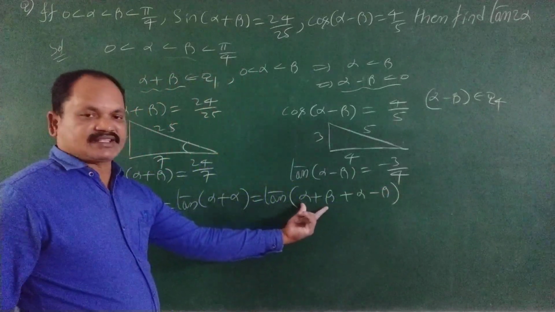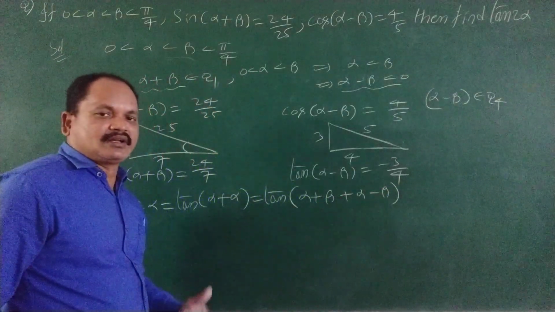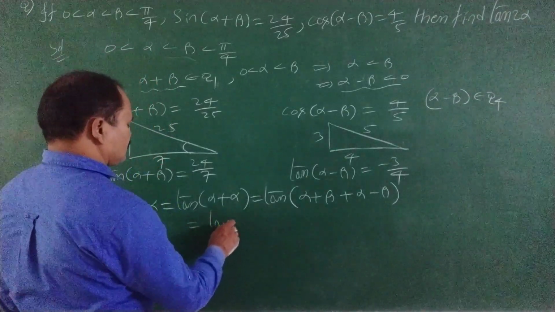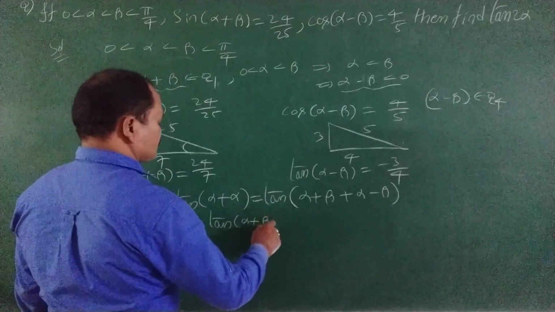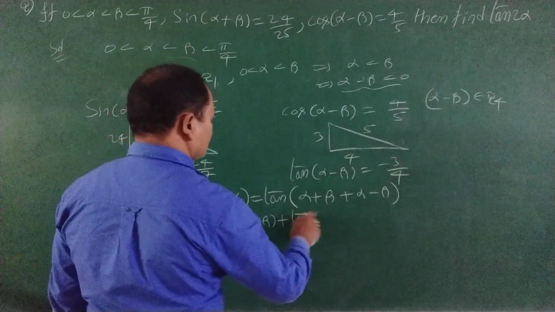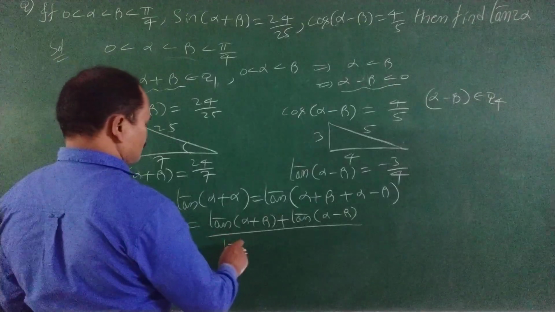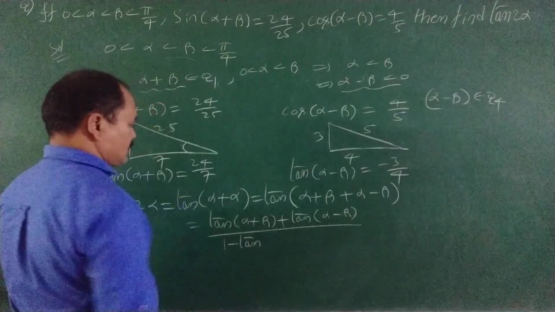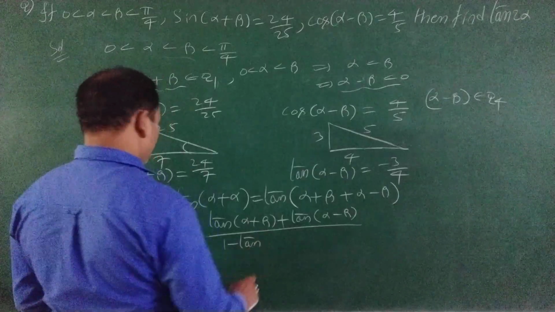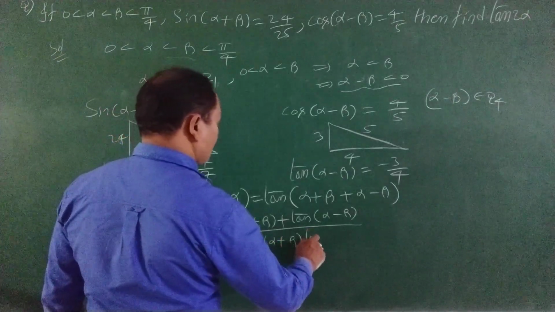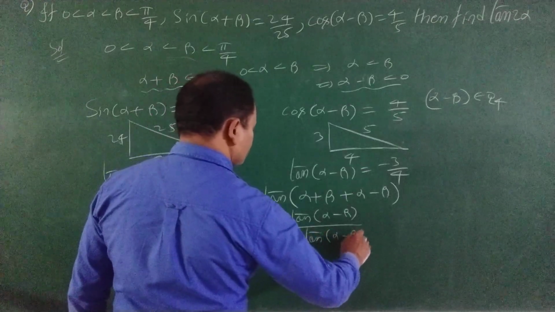Now this is taken as A, this is taken as B. Now the tan(A + B) formula: tan(alpha + beta) plus tan(alpha - beta) divided by 1 minus tan(alpha + beta) into tan(alpha - beta).